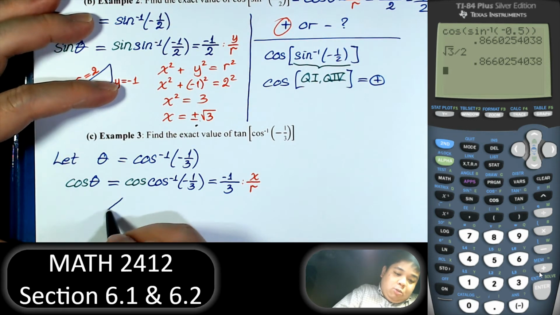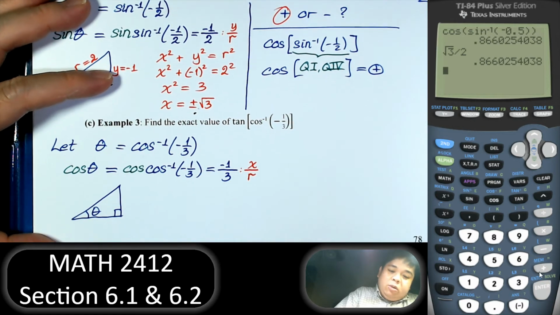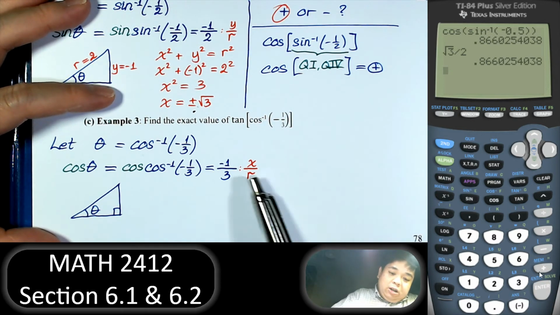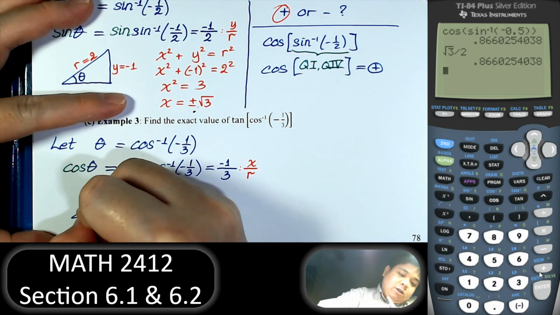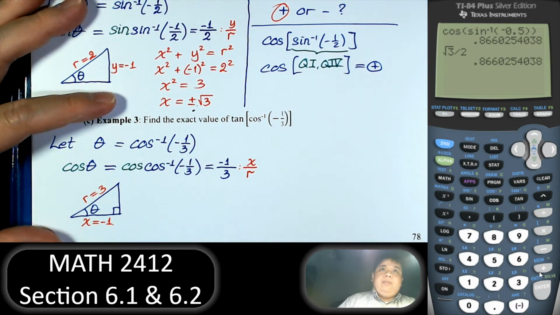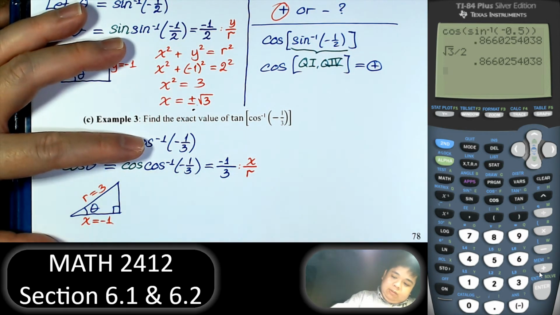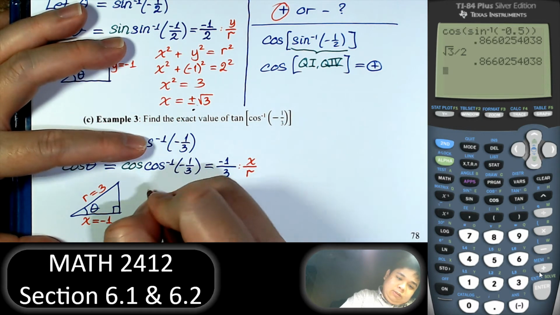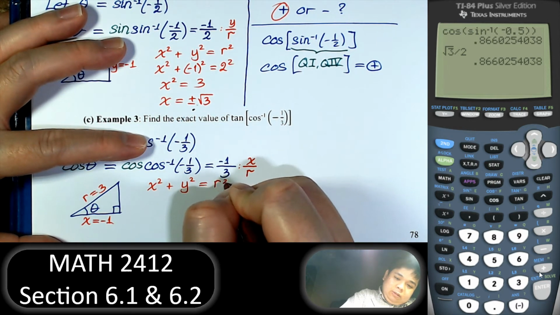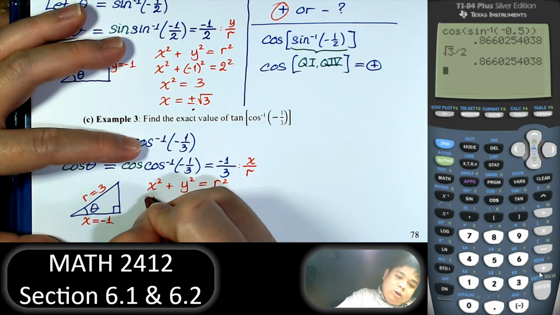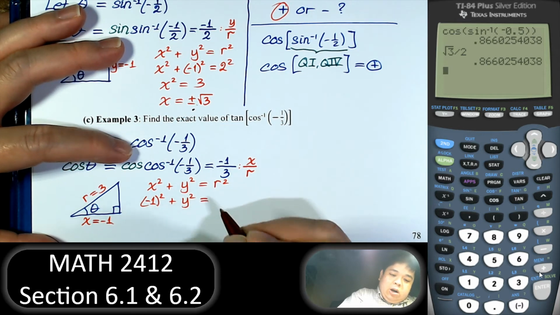Remember, r is always positive, so we draw a triangle. X is -1 and r is equal to 3. And now we just solve for y. -1 squared plus y squared equals 3 squared.